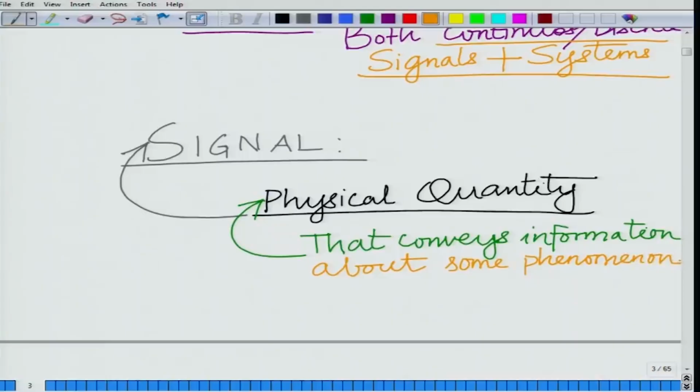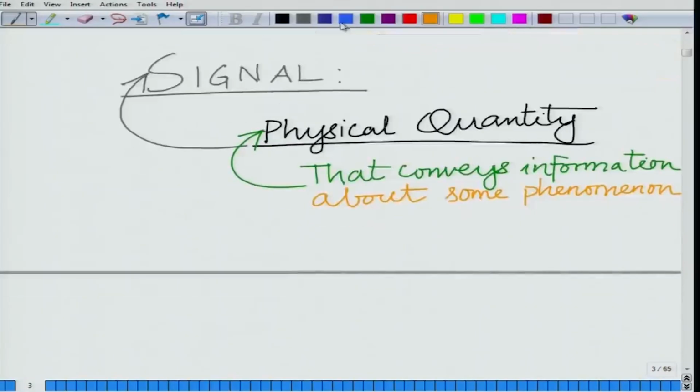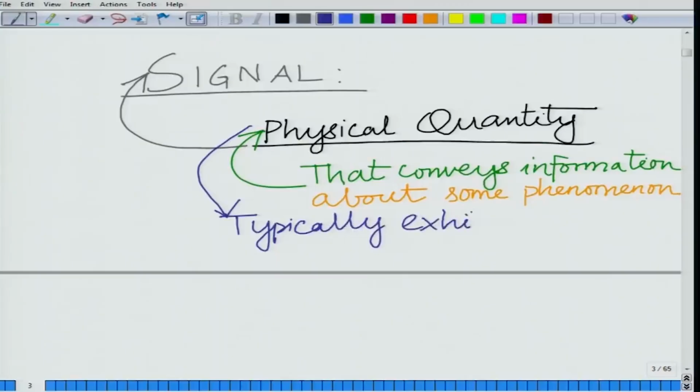And typically it exhibits variation, because something that is constant does not carry much information. So, typically it exhibits variation in either space or time.